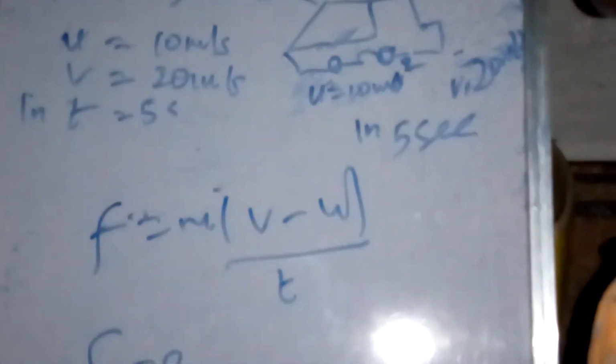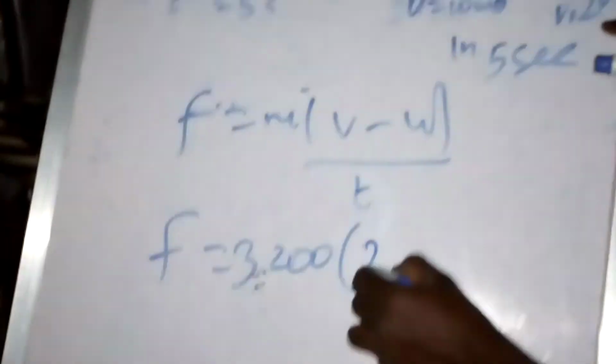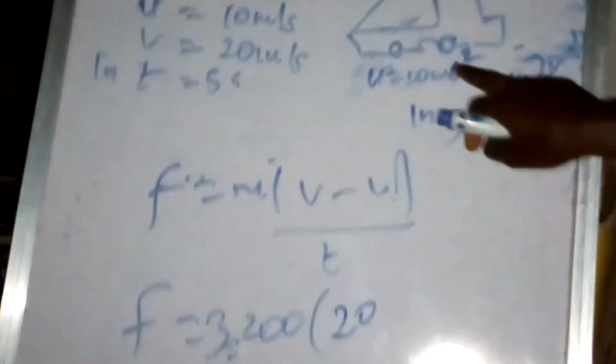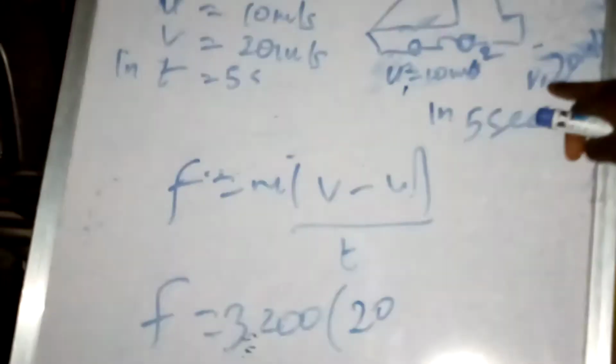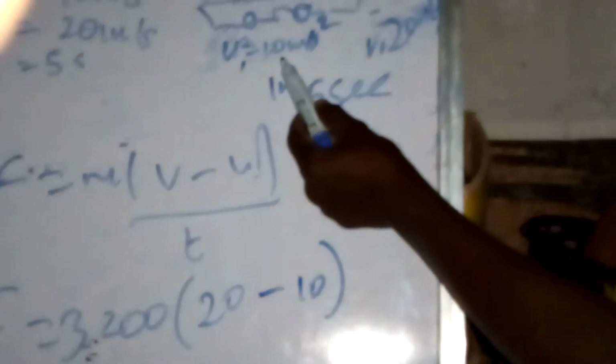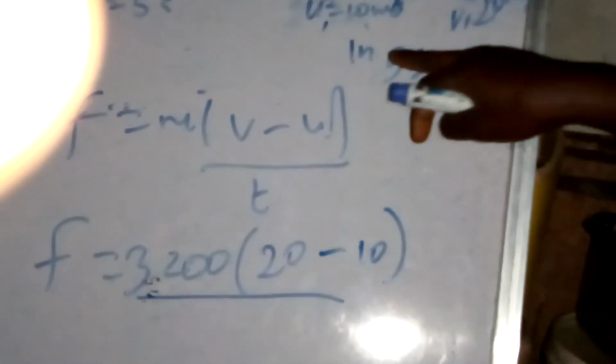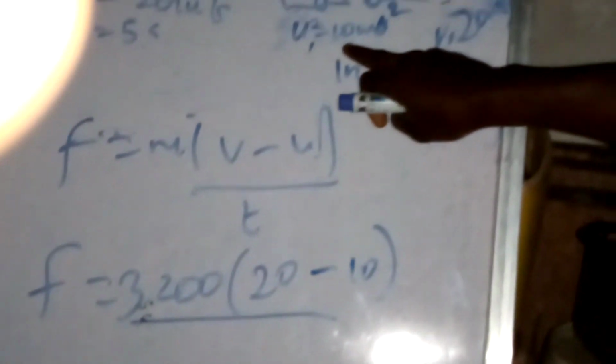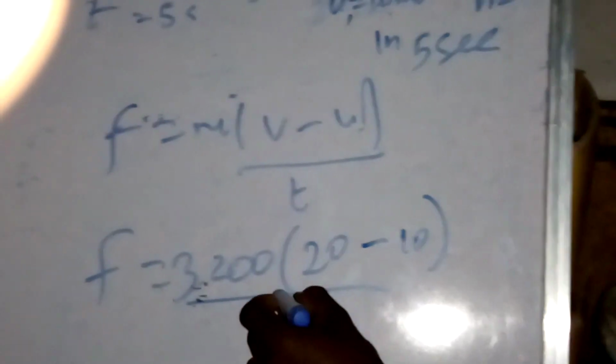So F equals 3200 into bracket. What's our v? That is the final velocity, and u is the initial velocity. This is the final velocity minus the initial velocity, all over the time in seconds. In what seconds? The speed changes in 5 seconds.